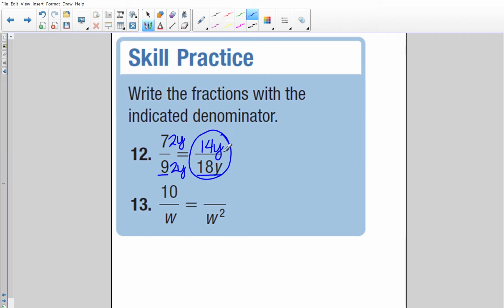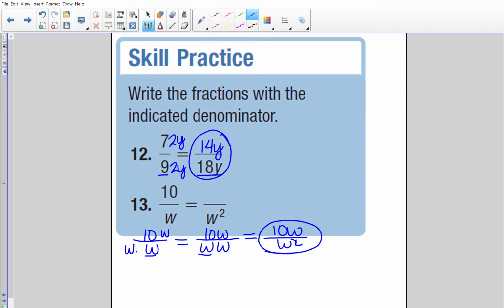And again, don't reduce. This one's w squared, so we can rewrite that as ww, and this one as 10 over w. One of these w's match. I need another one, and if I do that, I multiply it on the top. So I now have 10w over w squared.